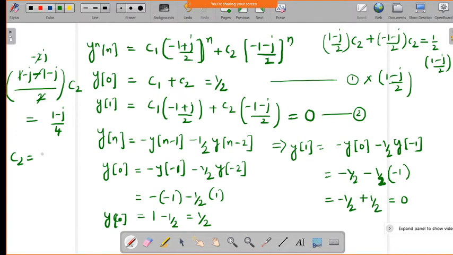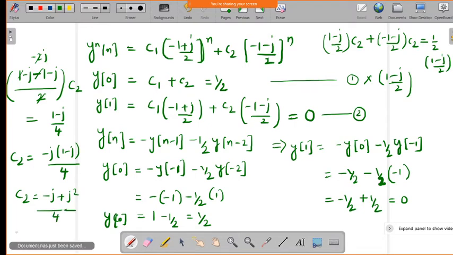So if you multiply minus j into 1 minus j by 4, you will get the value of C2. So C2 is equal to minus j plus j square divided by 4. The j square value is minus 1. So we will get minus 1 minus j by 4.